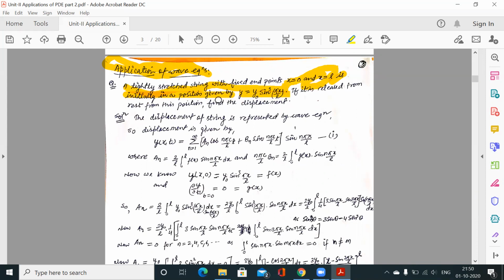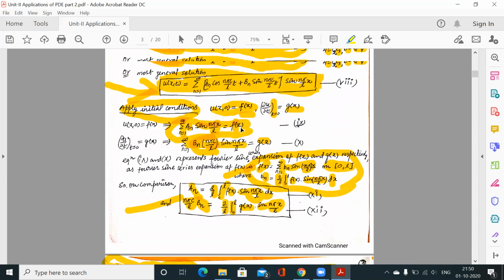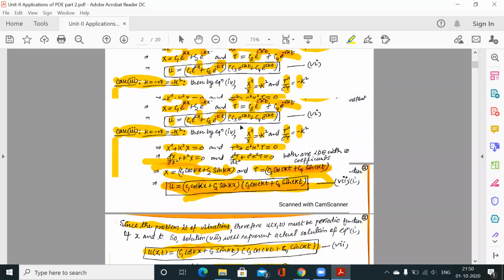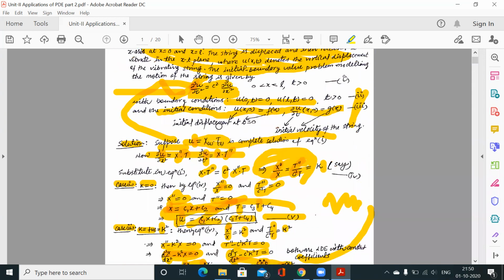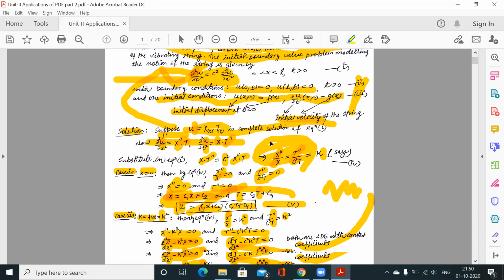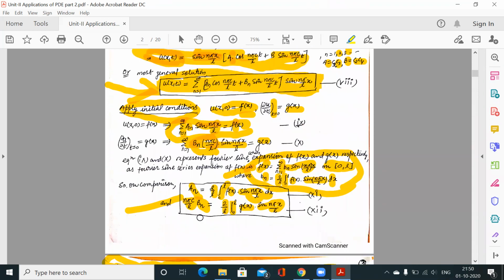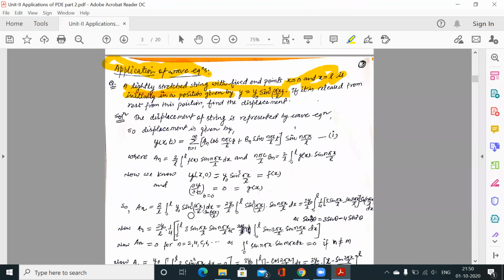Clear? You have to observe what is fx, what is gx. If you observe from here, the initial displacement or initial position is fx and initial velocity is gx. So you need to know what is given in the equation, the initial velocity or initial position.